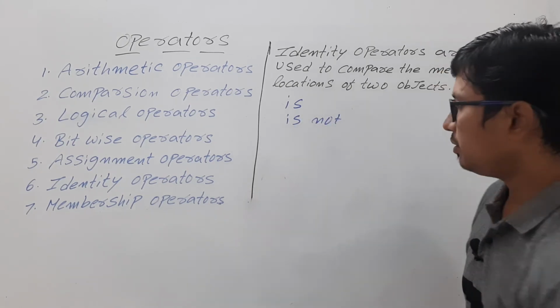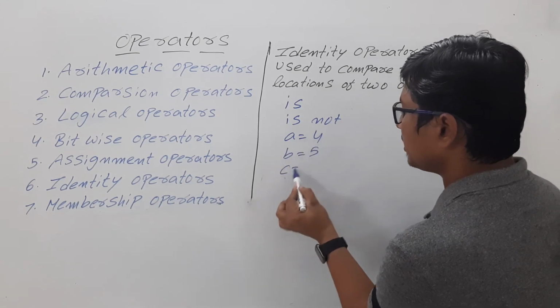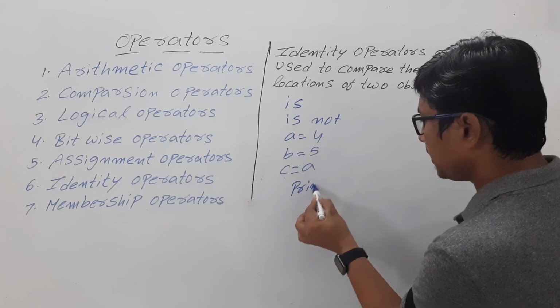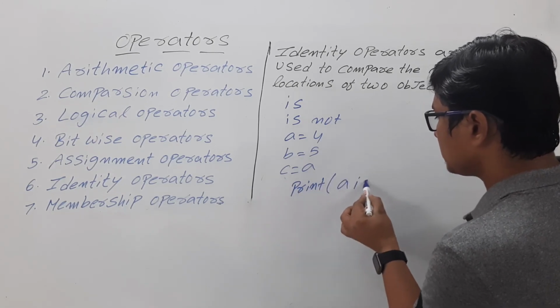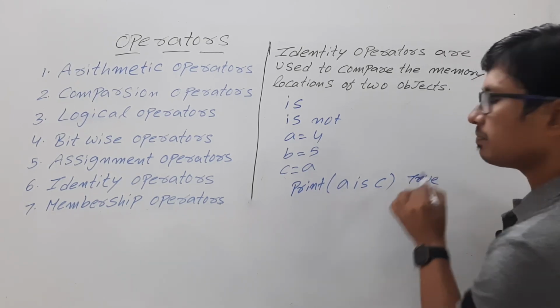Now I have a equal to 4, b equal to 5. If I write c equal to a, and if I write the statement print a is c, then it will return the value true, which is a boolean.